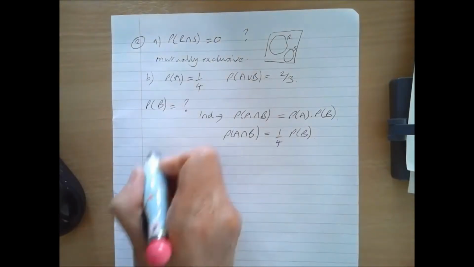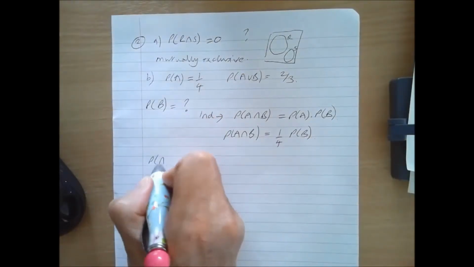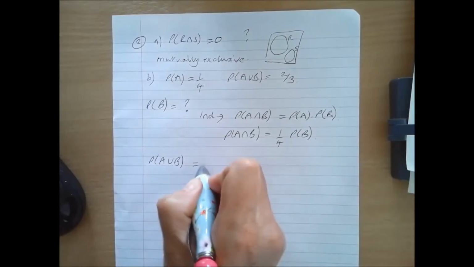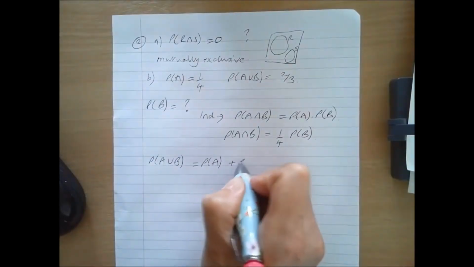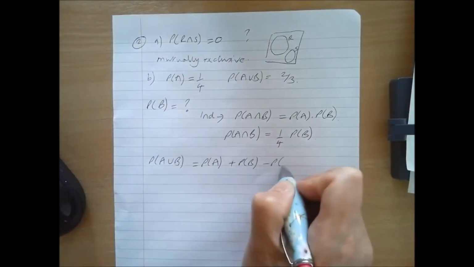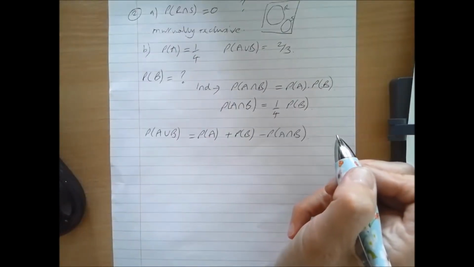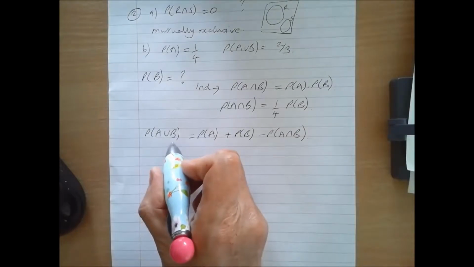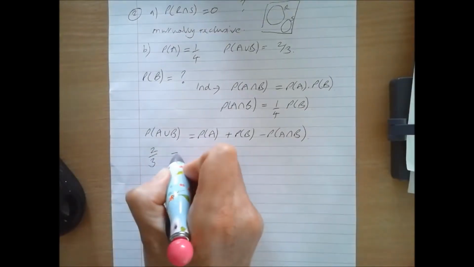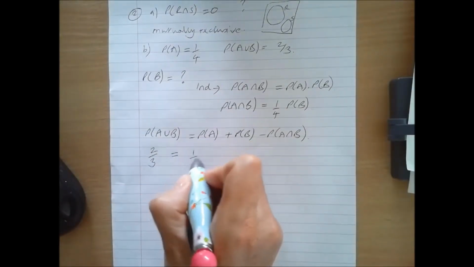I can also use the addition law. The union of A and B is equal to A plus B, take away the intersection. So that's going to help me find P of B, because I know the union is equal to 2/3. I know the probability of A, that's a quarter.